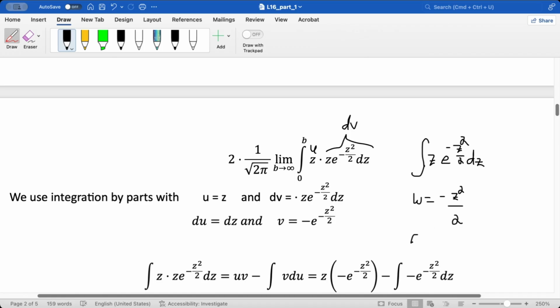And then the derivative of that is negative 2 z to the first power dz over 2.